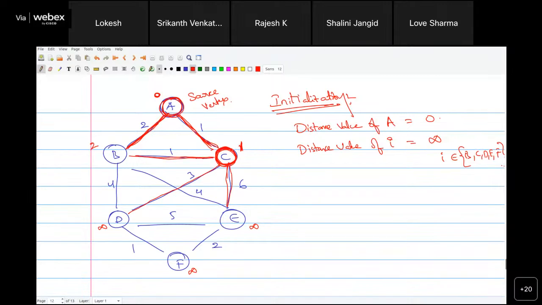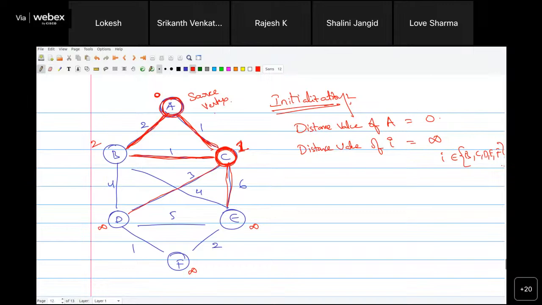If I consider B, the edge BC weight is 1, so 1 plus 1 gives me 2. Already the value is 2, so the minimum of 2 comma 2 will be 2 itself. So it will not update; it will remain 2 as it is.